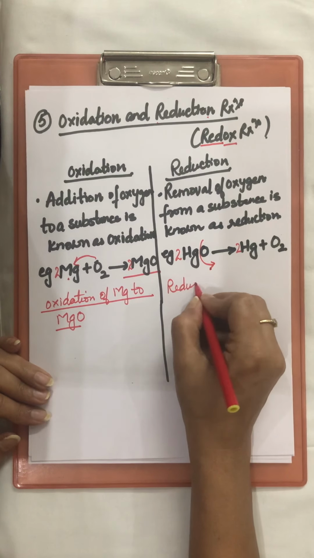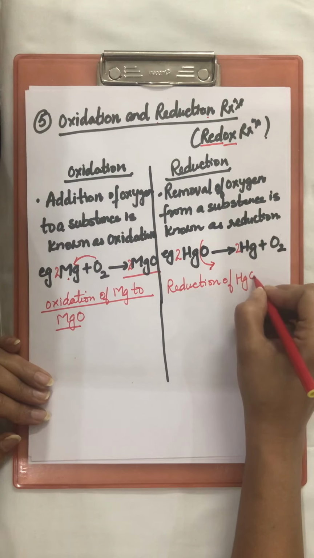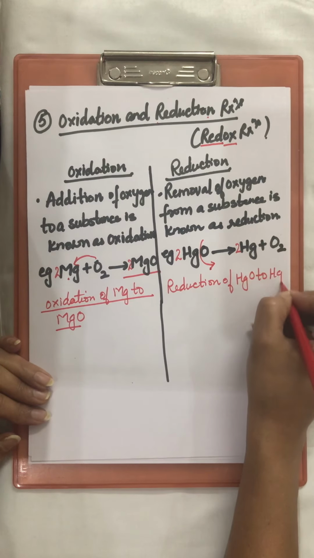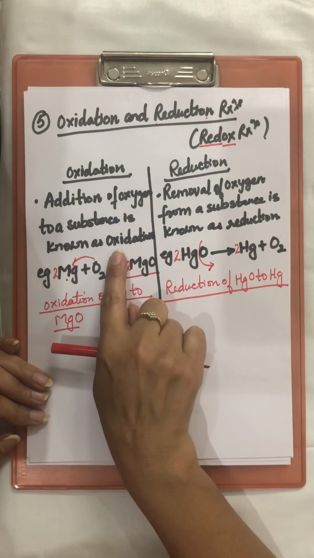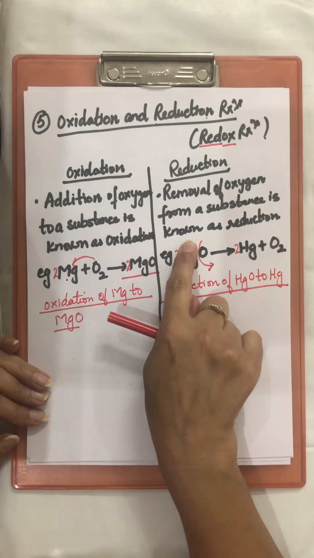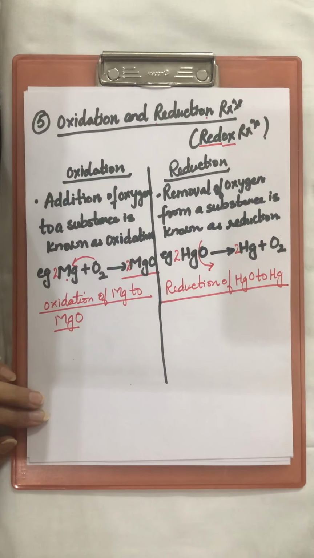In this reaction, reduction of mercury oxide to mercury has taken place. So these definitions of oxidation and reduction are based on addition or removal of oxygen.